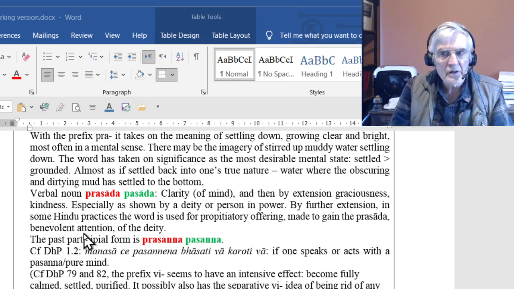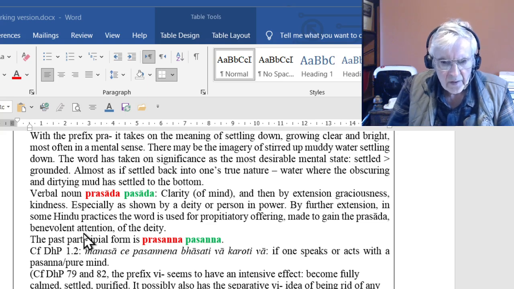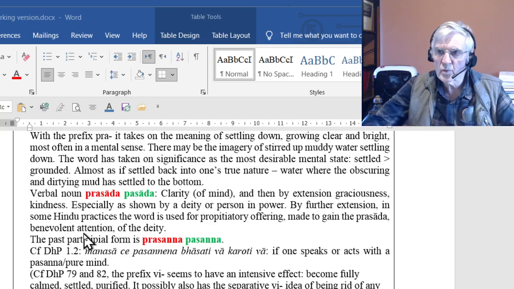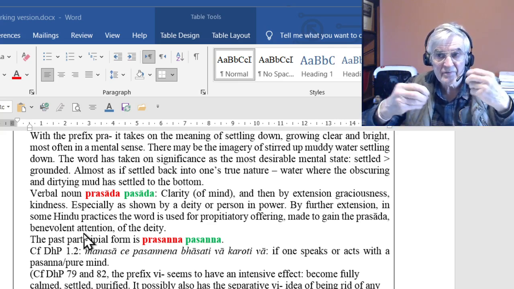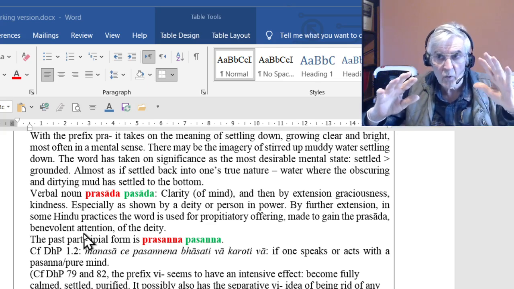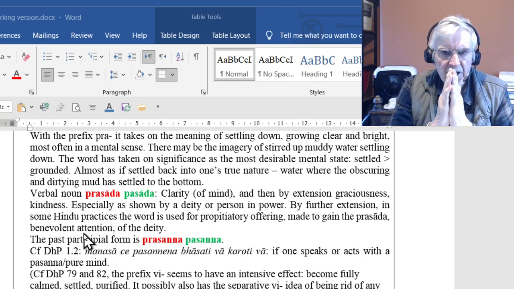The imagery here is a liquid, say water with a muddy bottom that's been stirred up, and these specks of mud are floating in the water, making the water unclear and muddy.